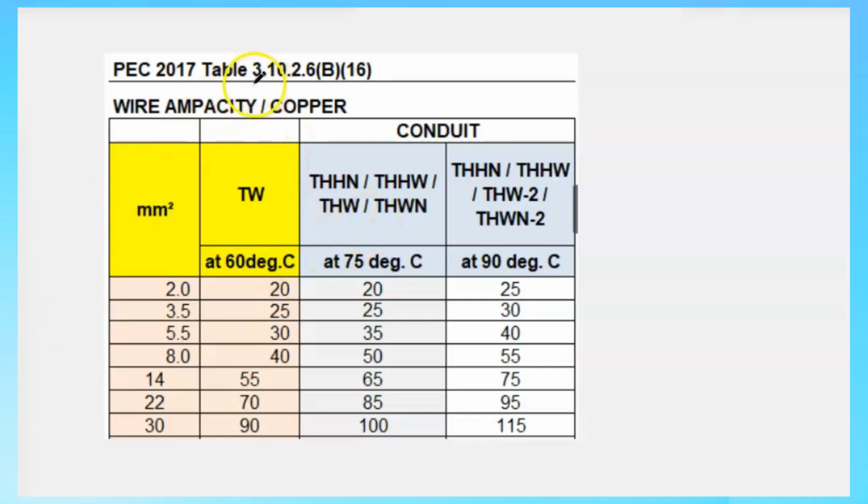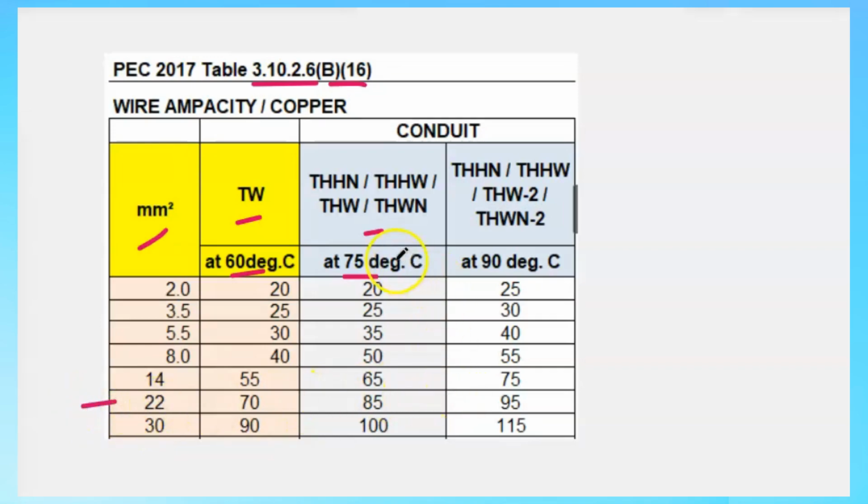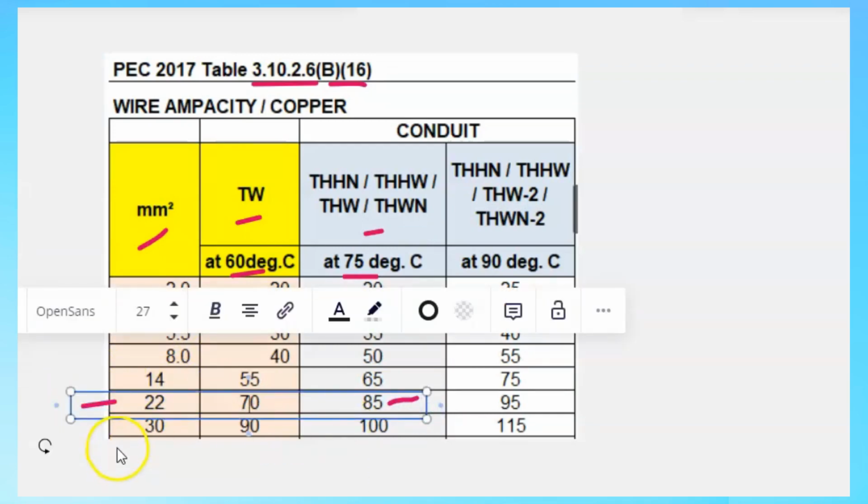From the table, the feeder capacity we got is 62.38 at 60 degrees Celsius. It fits 22 square mm at 75 degrees Celsius and 85, so we can use this size of wire, 22 square mm.